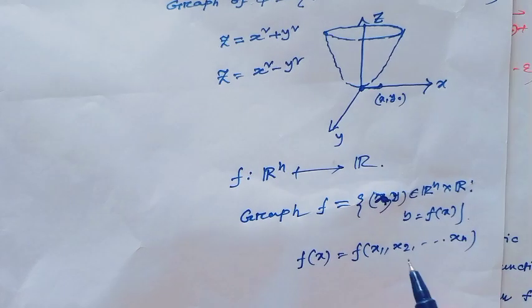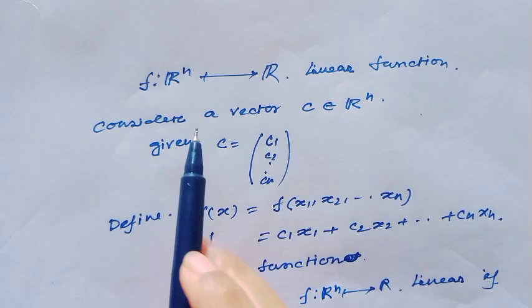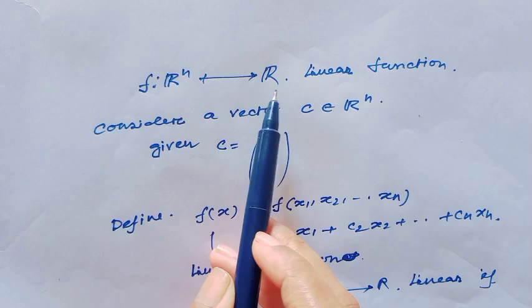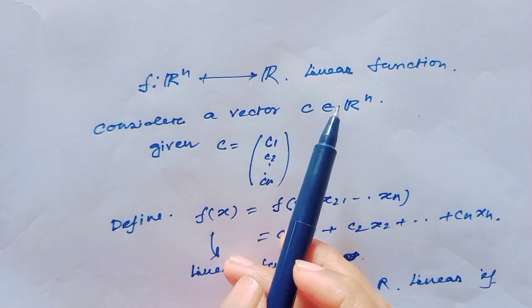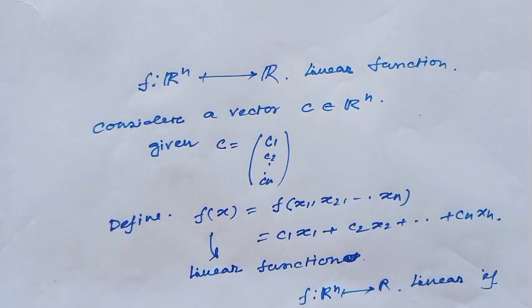Here obviously x1, x2, up to xn is a vector. Now if we consider the function f from Rn to R, obviously this type of function is a linear function, as we all know.